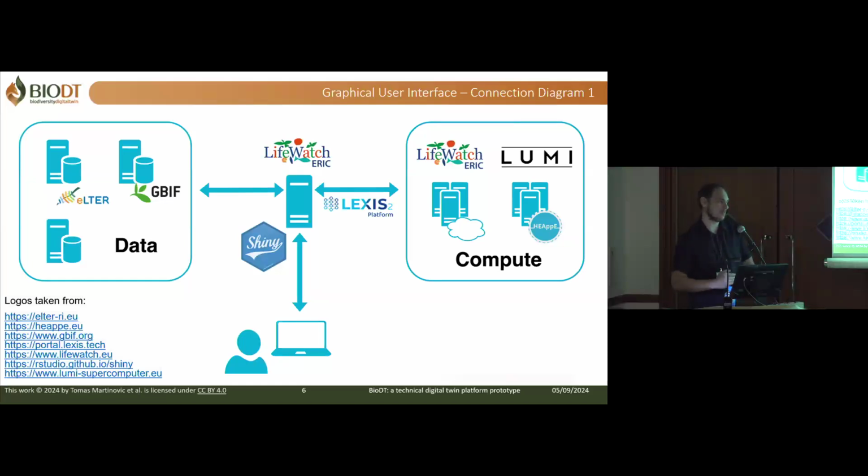From this desktop, they are actually accessing the Shiny app that is on its own server. And if we want to show them data from the JB Elter, of course, we need to download the data to the server. And then when we want to send them for computation, we again send them to a totally different server where they compute. And this is always very taxing, especially for large data.